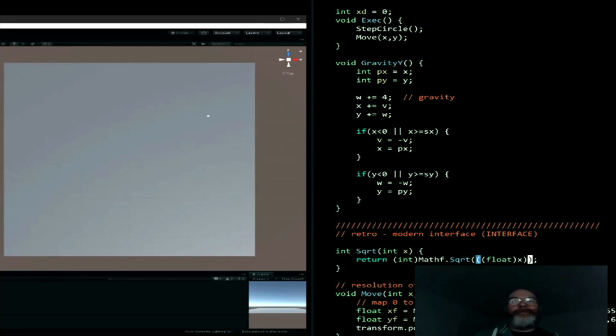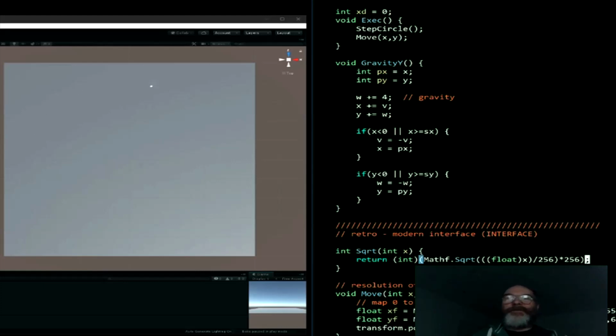So in fact, I have to take this x after it's converted into a float, not before, because then I'm dividing an integer. I need to divide it by 256. I can't really use shifting here because now I'll be shifting a float, and that really doesn't make sense. But I have to do float x divided by 256.